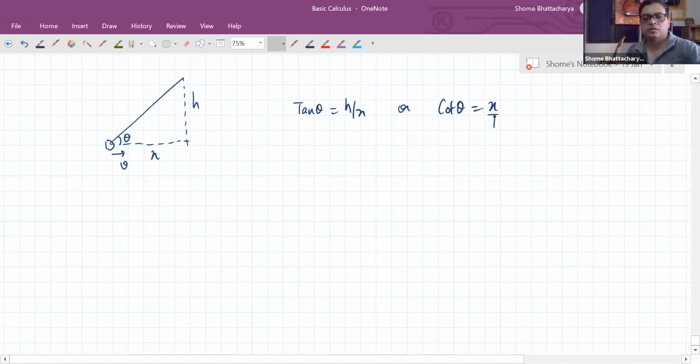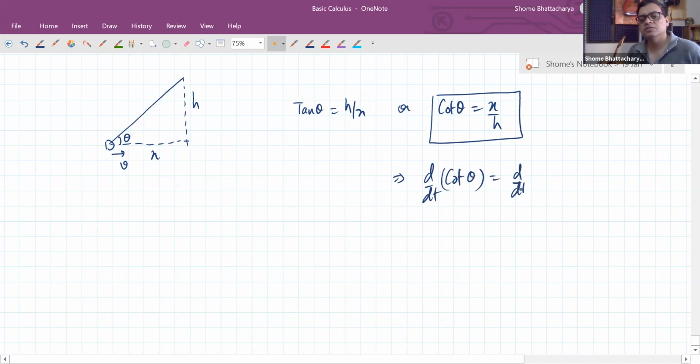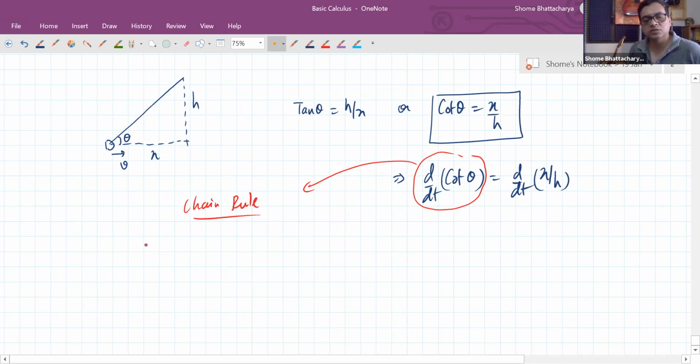Now if I differentiate this equation on both sides, the differentiation of cot theta will give us the differentiation with respect to time of x by h. To differentiate cot theta with respect to time, I will have to use the chain rule. So the derivative with respect to time of cot theta becomes the derivative with respect to theta into d theta by dt.